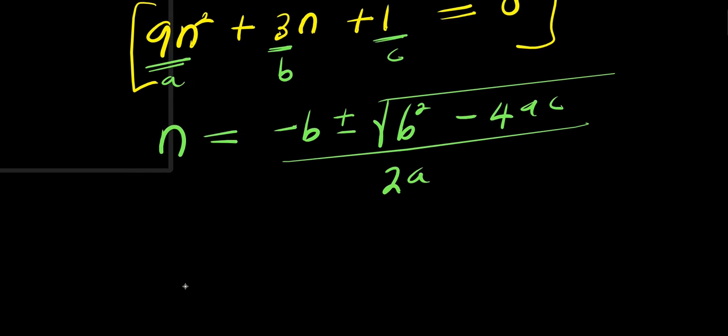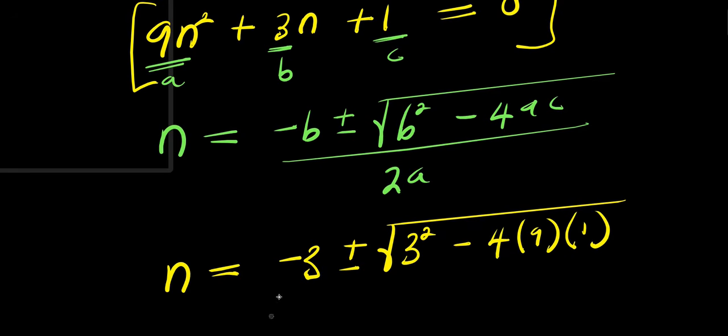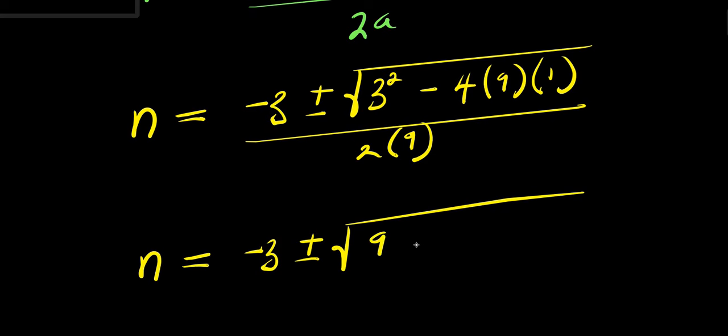So from here we have n equals negative b, that's negative 3, plus or minus square root of, this is 3 power 2 minus 4 times 9 times 1, divided by 2 times 9. So from here we have n equals negative 3 plus or minus square root of, this is 9 minus 4 times 9, that is 36 times 1, that is 36, divided by 18.